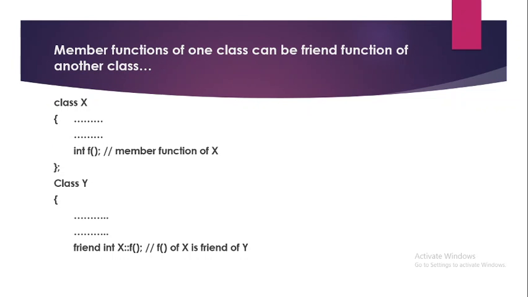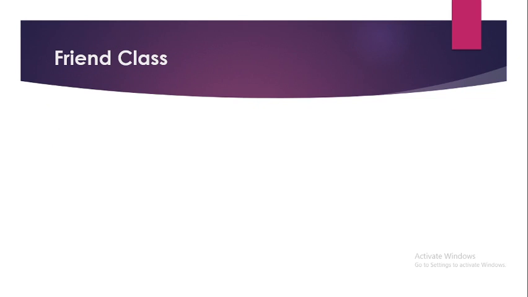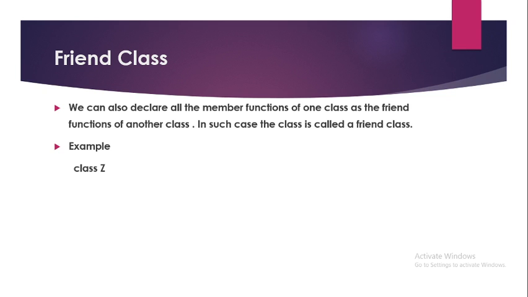So now this class X I want to make a friend to Z. So it is written friend X. That means all member functions of X are friends to Z. So any member function which is declared under X can access data members of class Z, because the entire class X is a friend to Z.